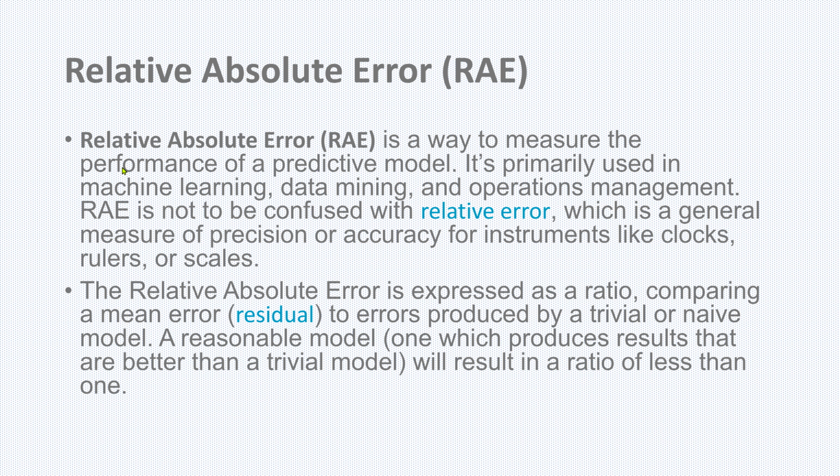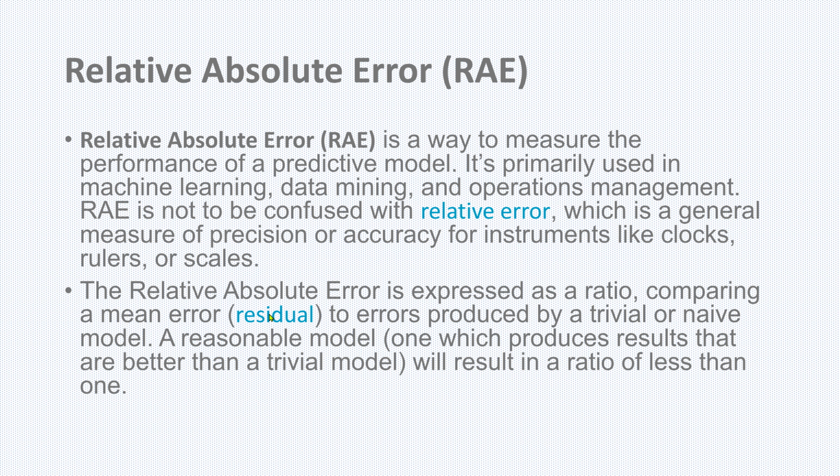First, we have the relative absolute error. It's a way to measure the performance of a predictive model. It is primarily used in machine learning, data mining, and operations management. Relative absolute error is not to be confused with relative error, which is the general measure of precision or accuracy for instruments like clocks, rulers, or scales.